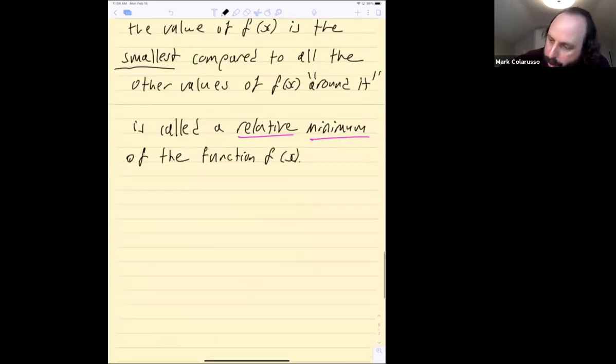Okay, so another definition, another term.